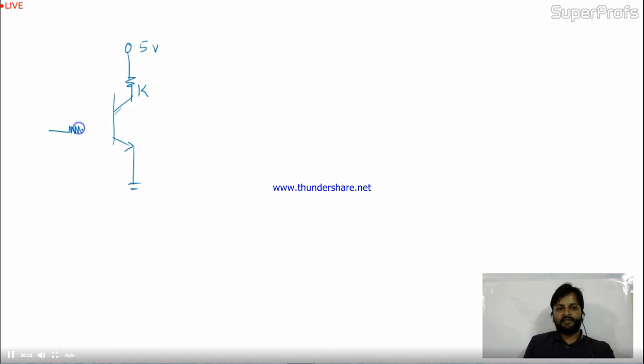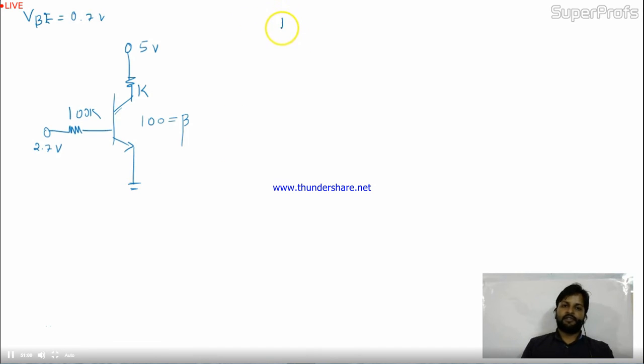In the base region, a 100K ohm resistor is connected with a 2.7 volt battery, and this 100 given here is beta. I have to assume the voltage drop VBE is always 0.7 volt for any transistor.